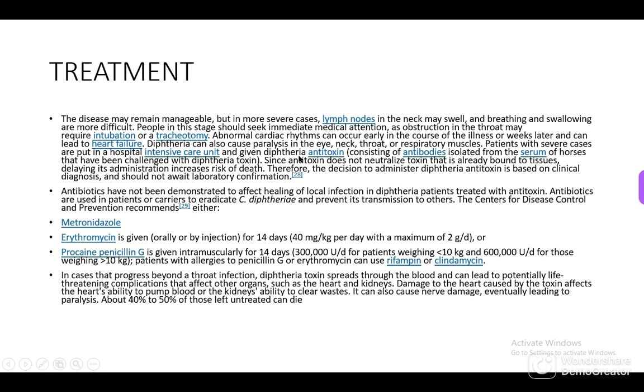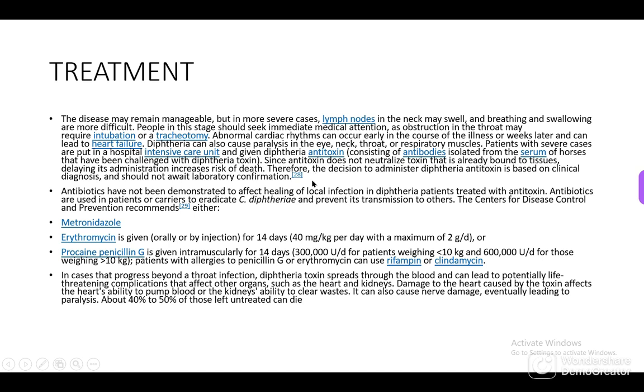But give the anti-diphtheric serum, which is available from horse serum, and have been challenged with the diphtheria toxin. This is direct and immediate management, along with the steroids to reduce the toxicity of the problem.